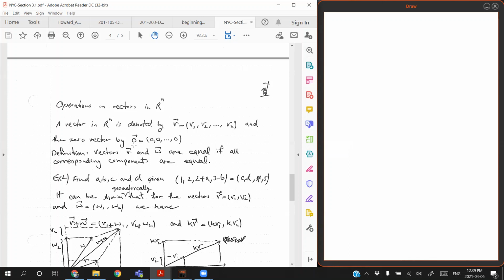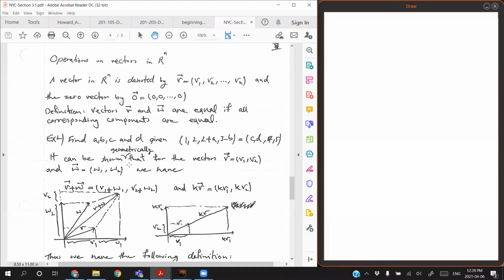So it's going to be the vector 0, 0, 0, all the way. These two vectors, v and w, in Rn are going to be equal if every component is equal. So the corresponding components have to be equal.